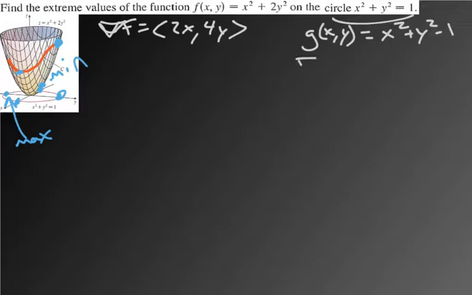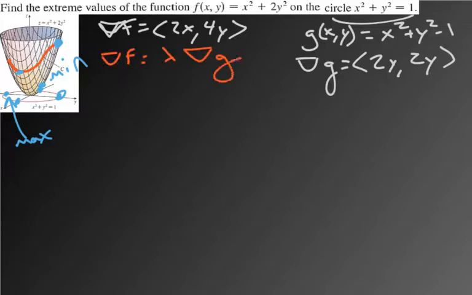And then take my gradient of g, and here I'll get 2x, 2y. Right? And then I need to make my gradient of f equal to a scalar of the gradient of g. And when I do that, I basically get the equations 2x needs to equal lambda 2y, and so it's like one of them. And then I also will get 4y equals lambda 2y.